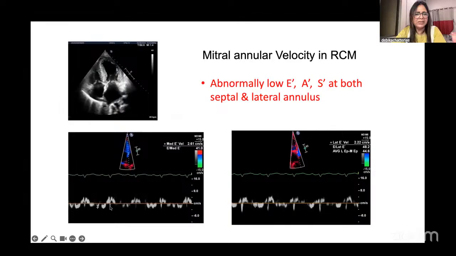See, everything is less than 5. So it is a very important finding to differentiate from constrictive pericarditis. In constrictive pericarditis, we saw well-preserved E prime velocity in the septal annulus.